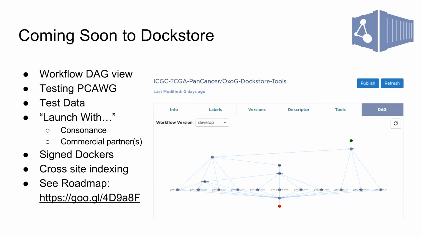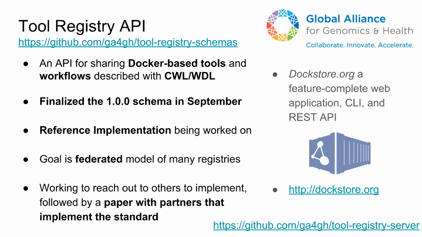Okay, so that gives you a really good idea of how Dockstore was made, why Dockstore was made, what was the motivation behind that. But as we were creating the project, we realized, again, this federated model made a lot of sense. And in order to do this federated model, we needed to establish a common API that multiple sites like Dockstore could implement.